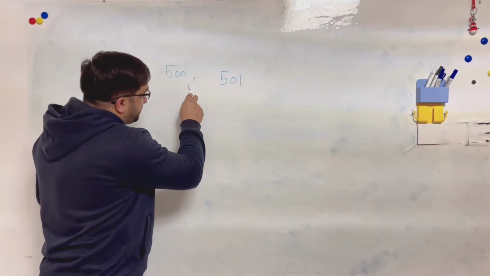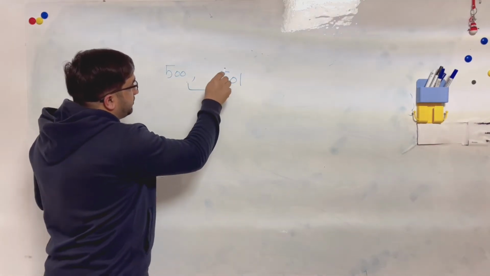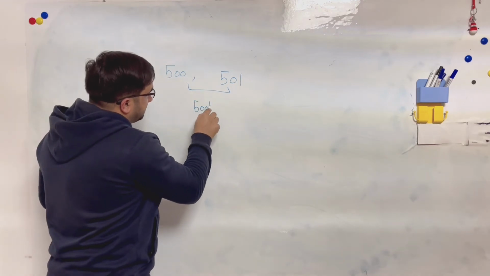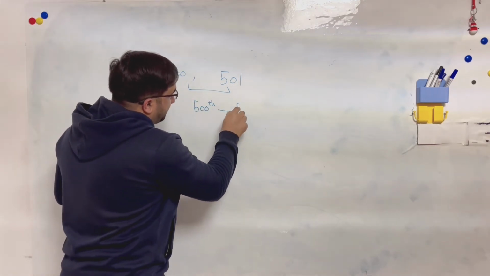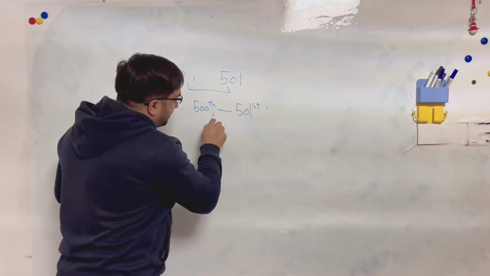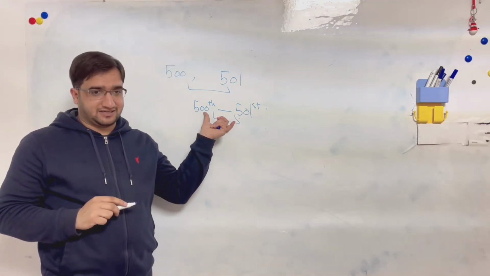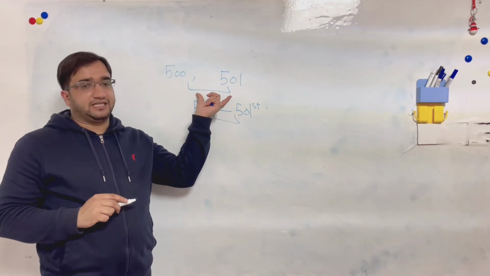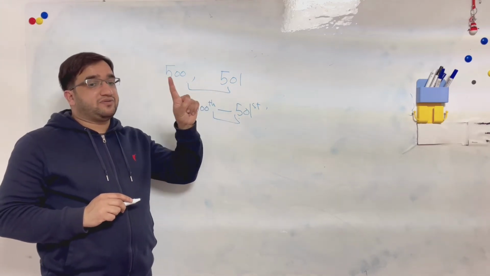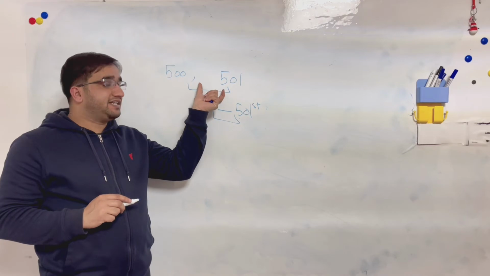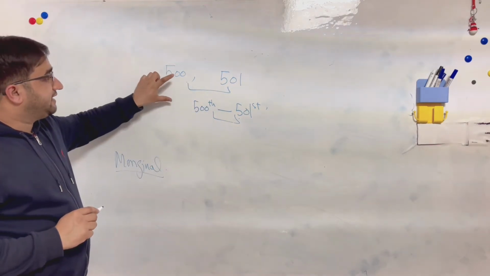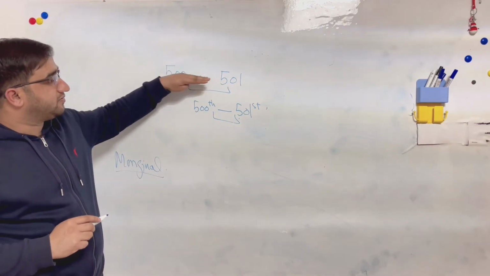Then the change between the 500th item and the 501st item, that one unit change in the cost, is called the marginal cost. It is the additional cost the company has to bear when they increase their products by one unit.